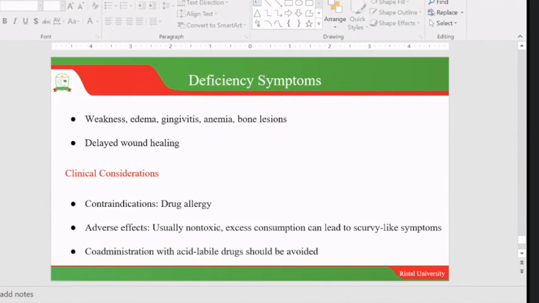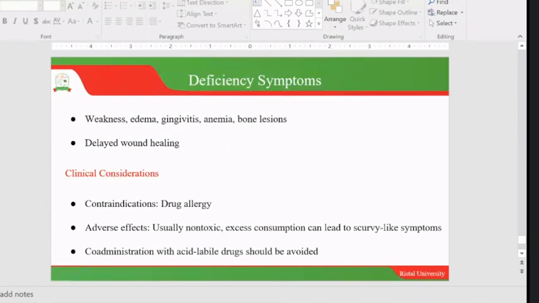It is contraindicated for people with allergies, and its adverse effects are usually non-toxic, and its excessive consumption could lead to scurvy-like symptoms. However, we understand this powerful antioxidant in the body really plays a lot of roles, but let's limit it basically to the role it plays in preventing scurvy.